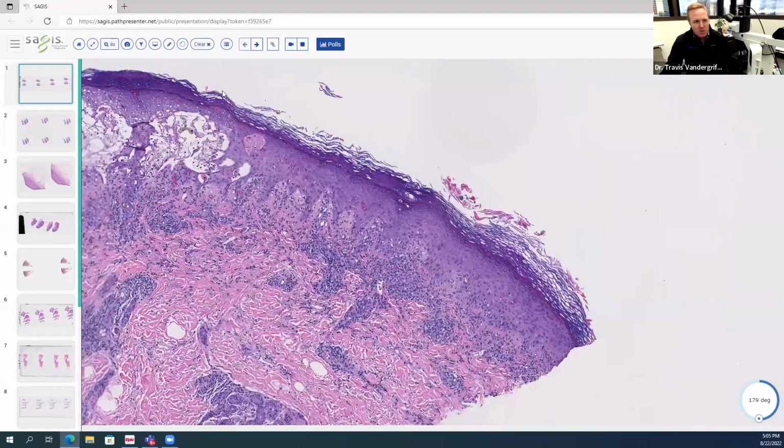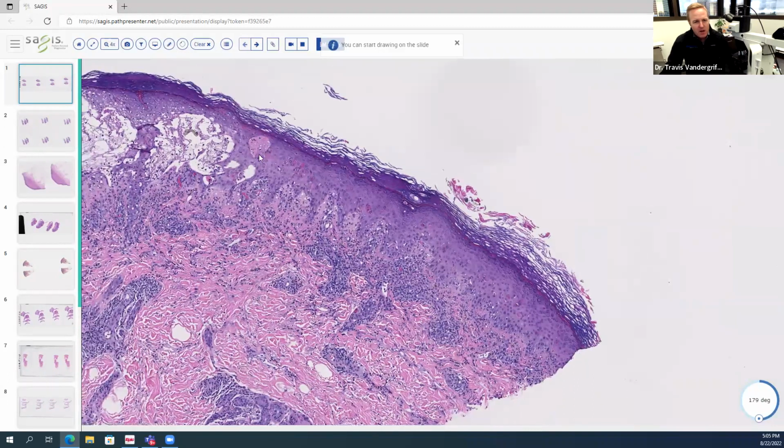I also look at the silhouette of the rete ridges, and notice here that we still have our rete ridges interdigitating with dermal papillae. That's the appearance of an acute process of interface dermatitis. In lupus or dermatomyositis, the rete ridges become flattened or effaced over time.